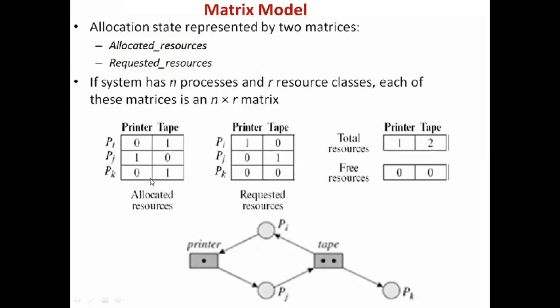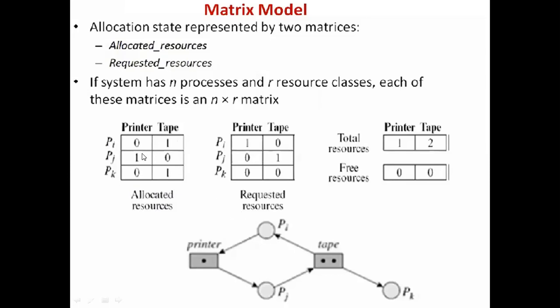So you can form a table here, and you can write the values, or the numbers, with respect to the processes involved and how many resources of the printer and the tape are being allocated to each and every process, PI, PJ, and PK.